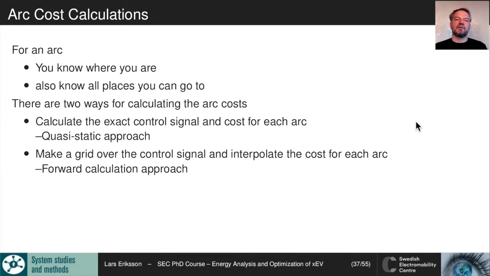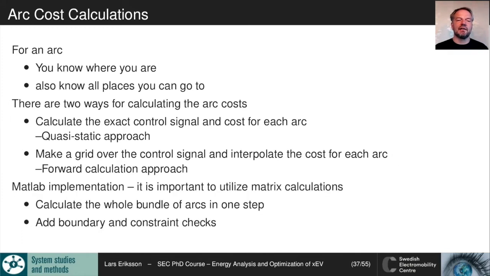They have some advantages and some disadvantages depending on how expensive it is to calculate the arc costs. From a conceptual point of view, and in this course, I am suggesting that you work with this procedure. This is a little bit more involved to program, but can save some time in some applications.